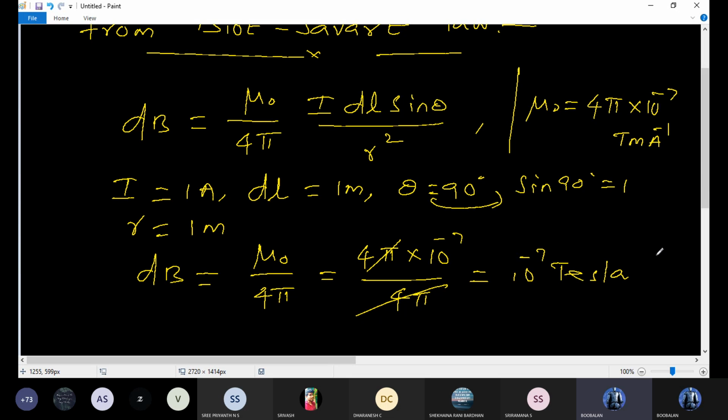So this is the SI unit of magnetic field from Biot-Savart law. So 1 Tesla is 10 power 7 times the magnetic field produced by the conducting wire.